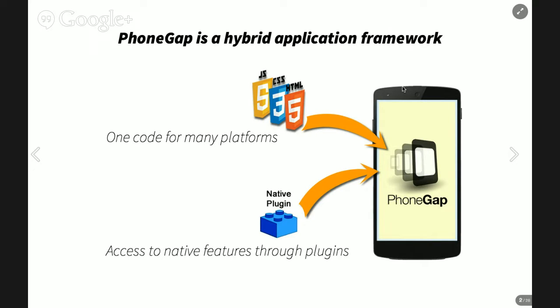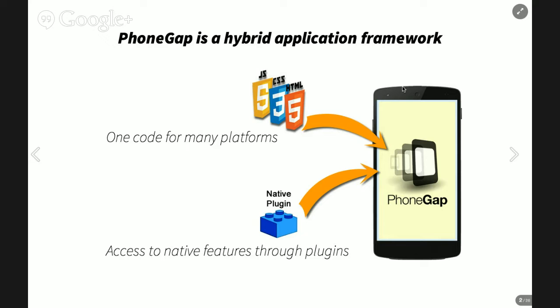So PhoneGap is a hybrid application framework. It's like a browser inside an application, which then displays an HTML file. That's the basic structure. Every platform has a browser: Android WebView, iOS UIWebView, but it's a browser.